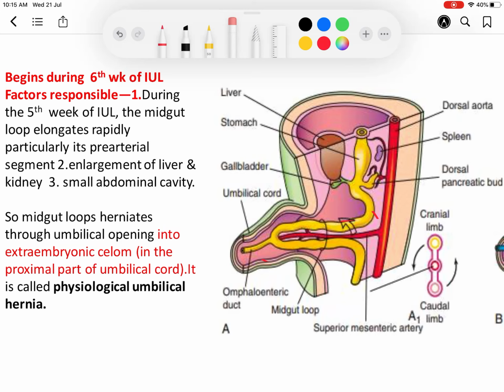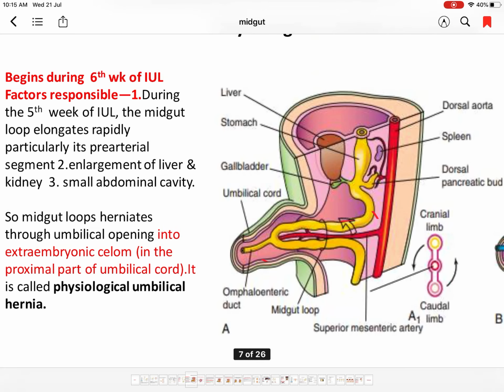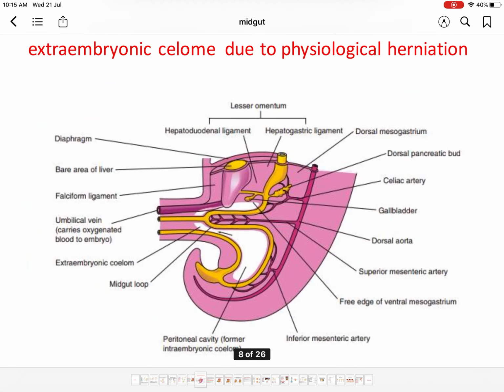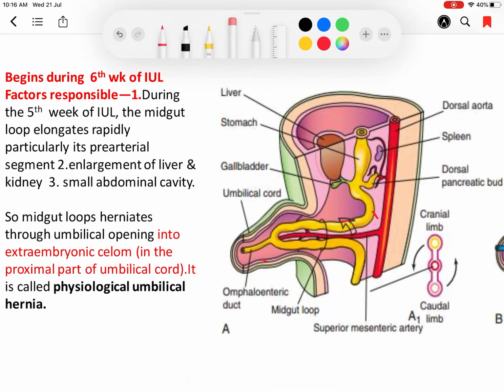So the herniation of the midgut loop through the umbilical opening into the extra embryonic coelom is called physiological umbilical hernia, and it occurs during the 6th week of intrauterine life.